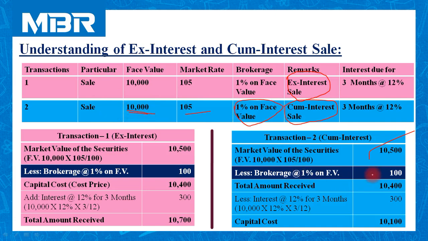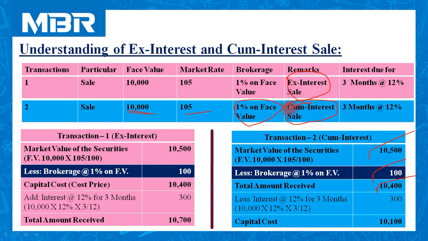So, amount of brokerage is 100 rupees. It is a transaction of sell. So, amount of brokerage is deducted from the amount received. So 100 rupees deducted from the transaction of sell. So total amount received by seller 10,500, of which 100 rupees given to broker. So net amount received 10,400.